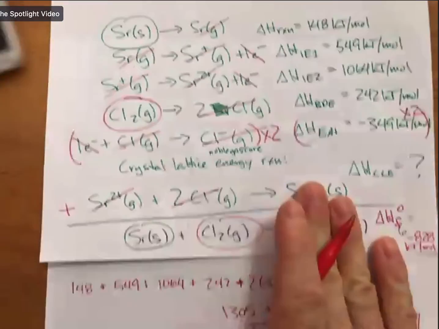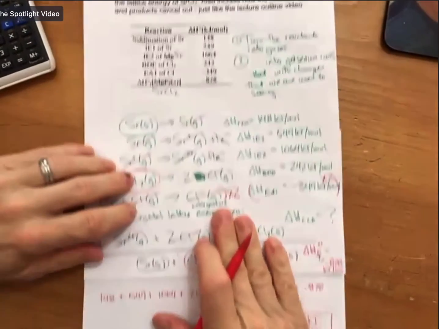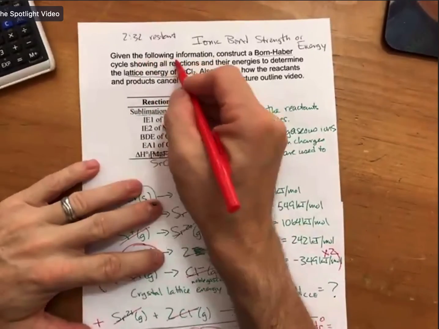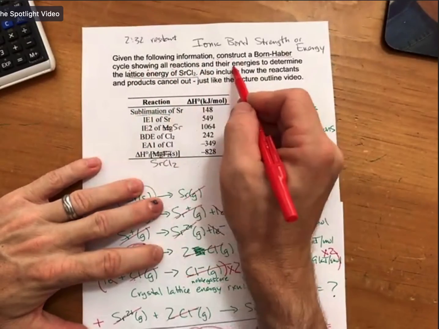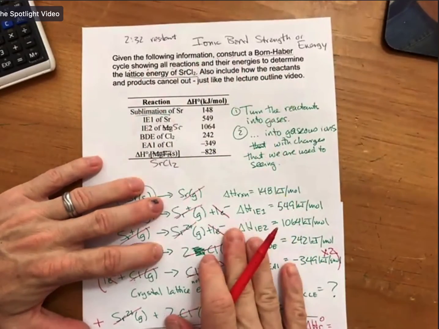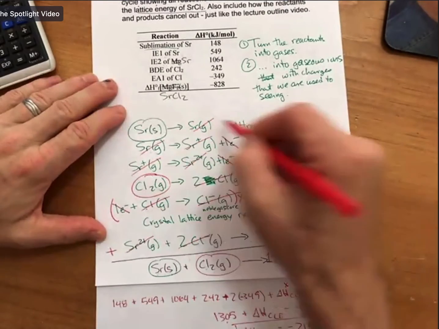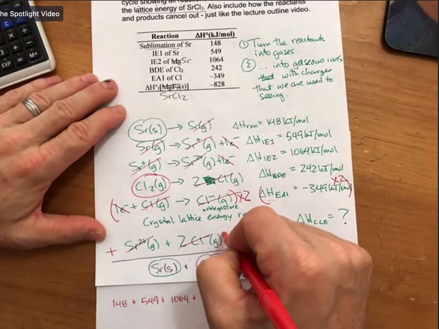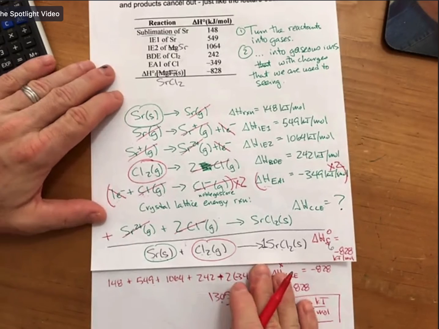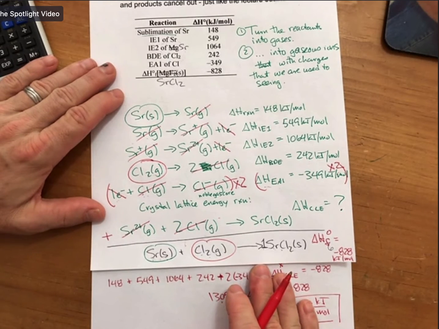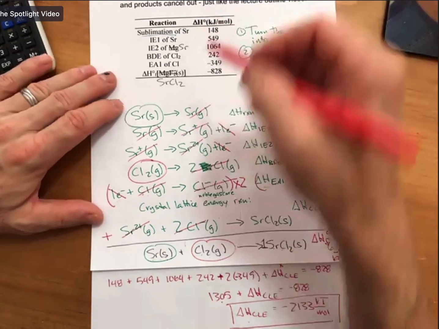And let's come back to the problem statement. It says, given the following information, construct a Born-Haber cycle showing all reactions and their energies to determine the lattice energy for strontium chloride. Here's all the reactions written out, and here's the determination of the crystal lattice energy down here at the bottom. Also include how the reactants and products cancel out, just like I've done here.